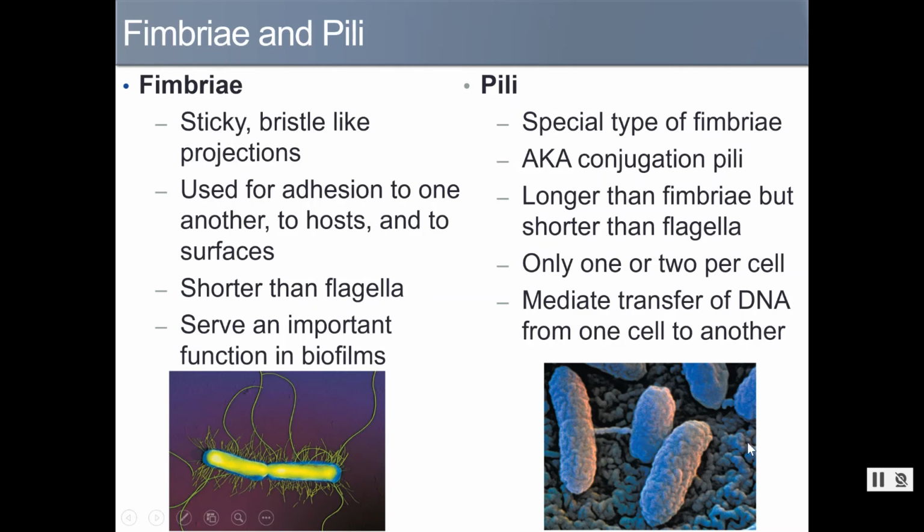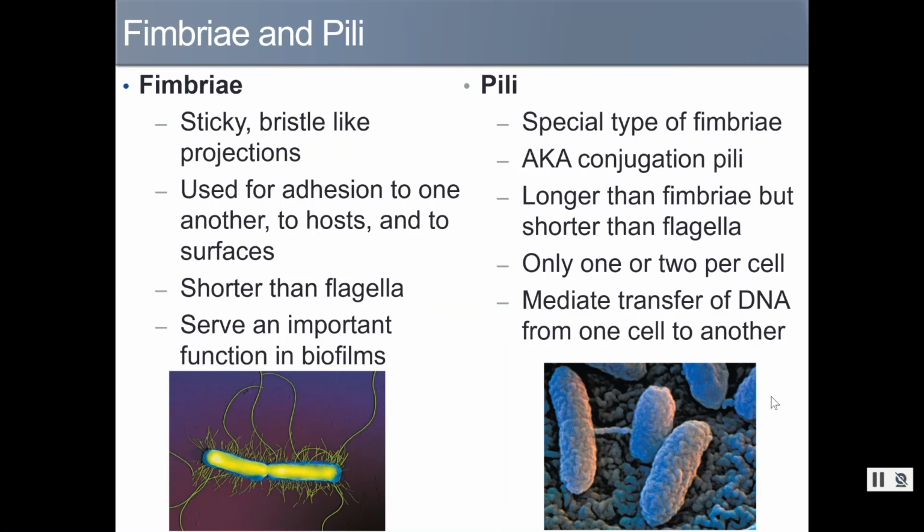The cool thing about this is bacteria will use these pili to share DNA. They can take pieces of their DNA and share it with another bacteria cell, which is really cool. We can't do that. We pass our DNA down to our children, but we can't pass our DNA to our neighbor. It's beneficial for bacteria because they can share things like antibiotic resistance, the ability to protect themselves from antibiotics. This is how we get those superbugs.